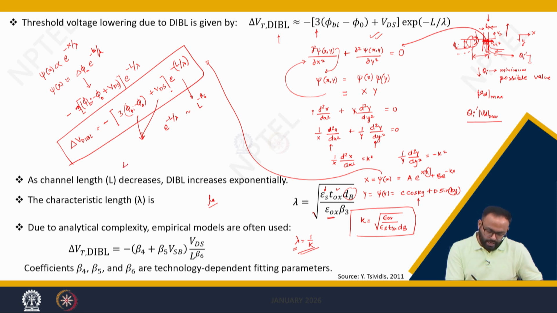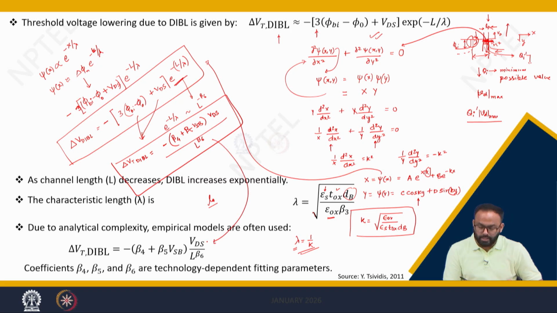We can simply rewrite Vt DIBL as equal to minus some constant beta 4 plus beta 5 into Vsb into Vds, and instead of the exponential law we are using a power law, that is L to the power of minus beta 6. Strictly speaking, this equation is derived with many approximations, and it gives you an idea how DIBL relates with the drain voltage and VSB.